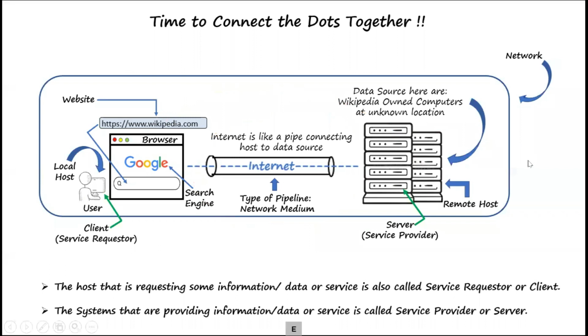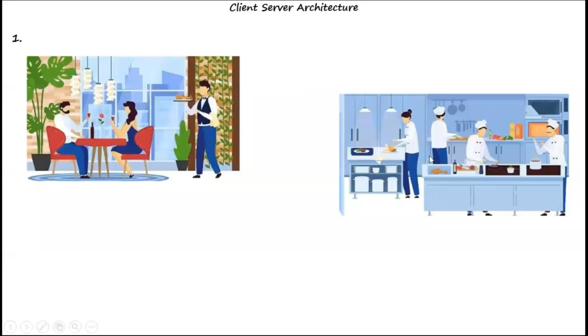So let's understand this client server analogy with a very beautiful example. Suppose you are in a restaurant, sitting there and browsing through the food menu, deciding which item to order.